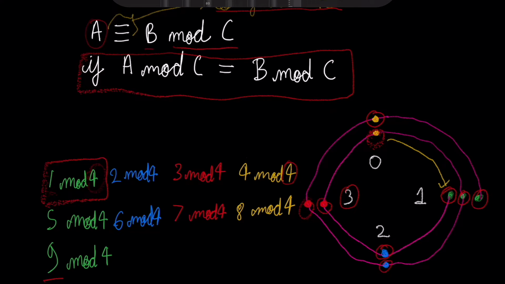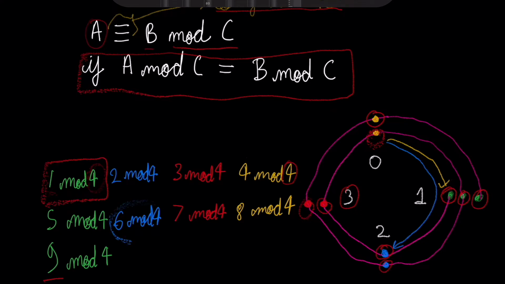Next, if I want to find 2 mod 4, I just have to move 2 steps from 0. 1 step, 2 steps.